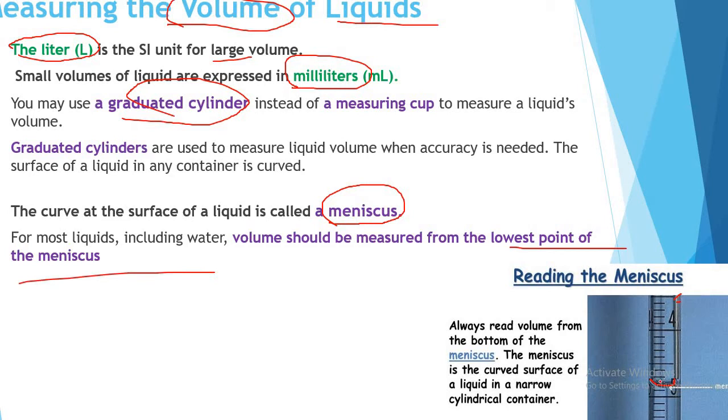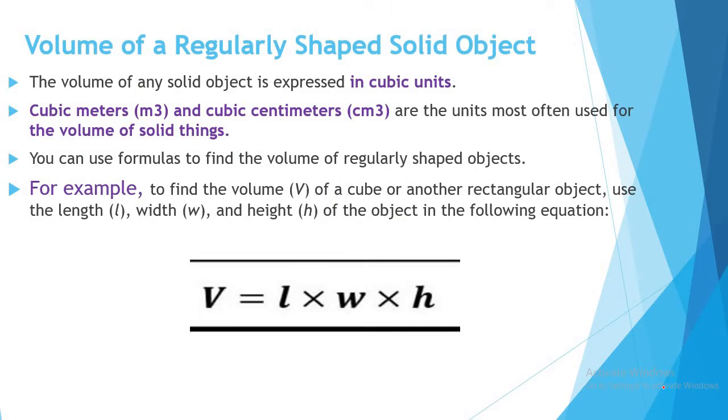So the volume of this liquid here is 4.8. So the volume here is 4.8 liters. So we read at the lowest point of the meniscus, the lowest point of the curve.